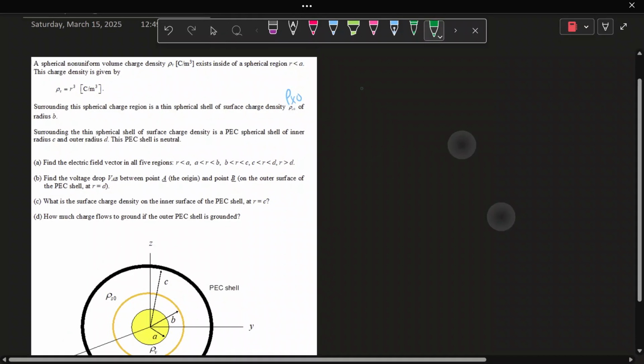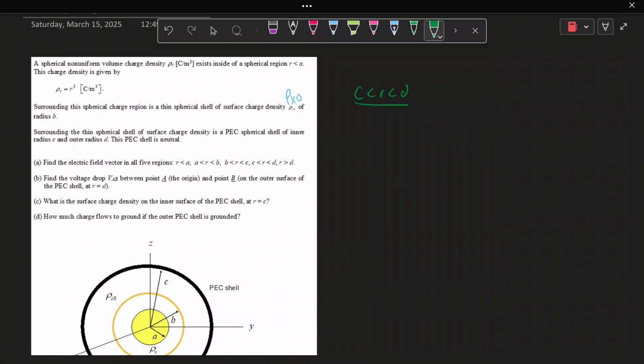So right away we can say, for c less than r less than d, the area right here, the electric field is going to be equal to 0. I might as well put the units here just to make sure we don't lose any points.